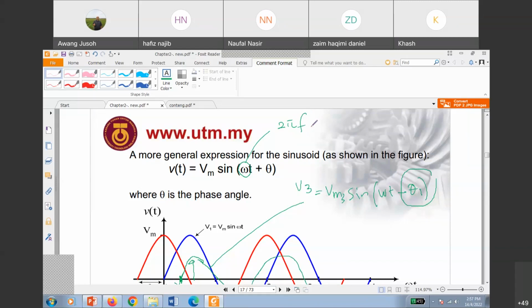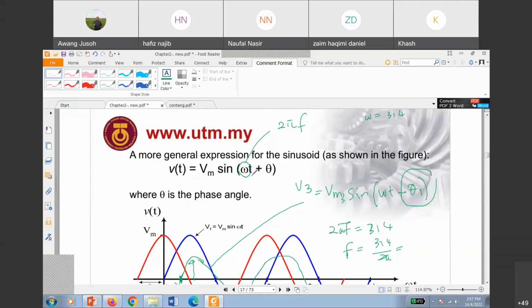For example, they give you omega equal to 314. So you make it 2 pi f equal to 314. Then you can find f, 314 divided by 2 pi. That gives you the value for frequency. So you know the frequency from this omega symbol.